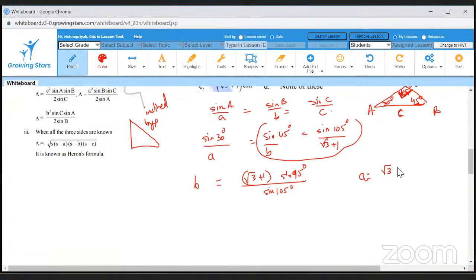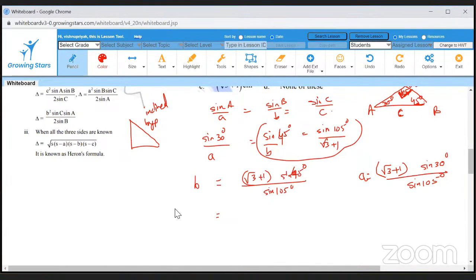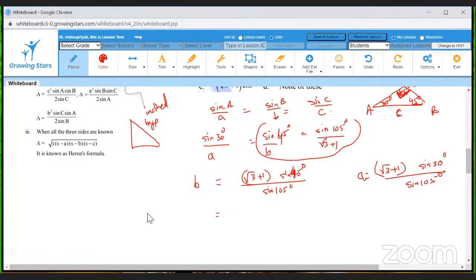It will be root 3 plus 1 into sine 30 degrees by sine 105 degrees. Now we have to write the values to find B and C. Or you can keep like this also. Sine 45 degrees.